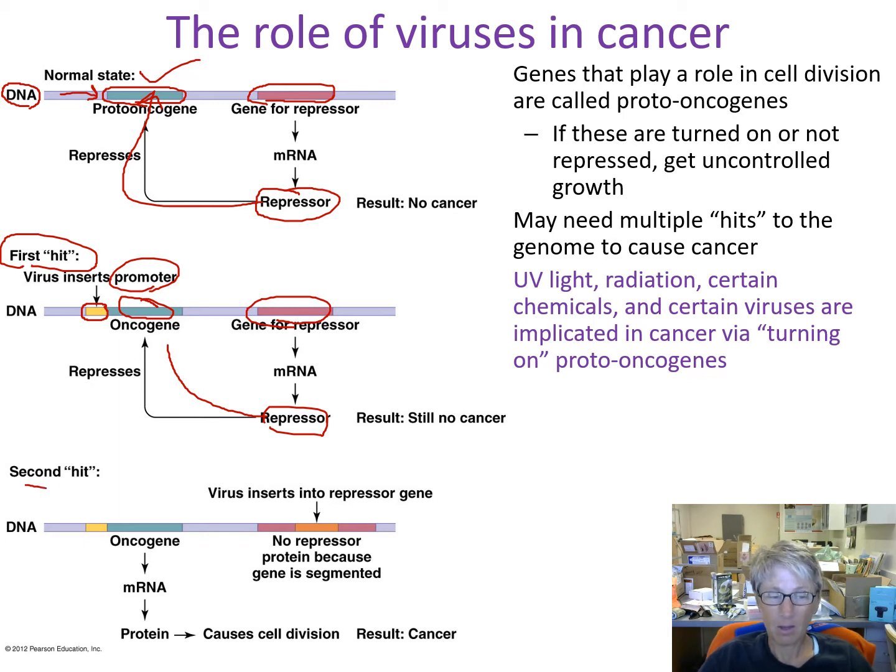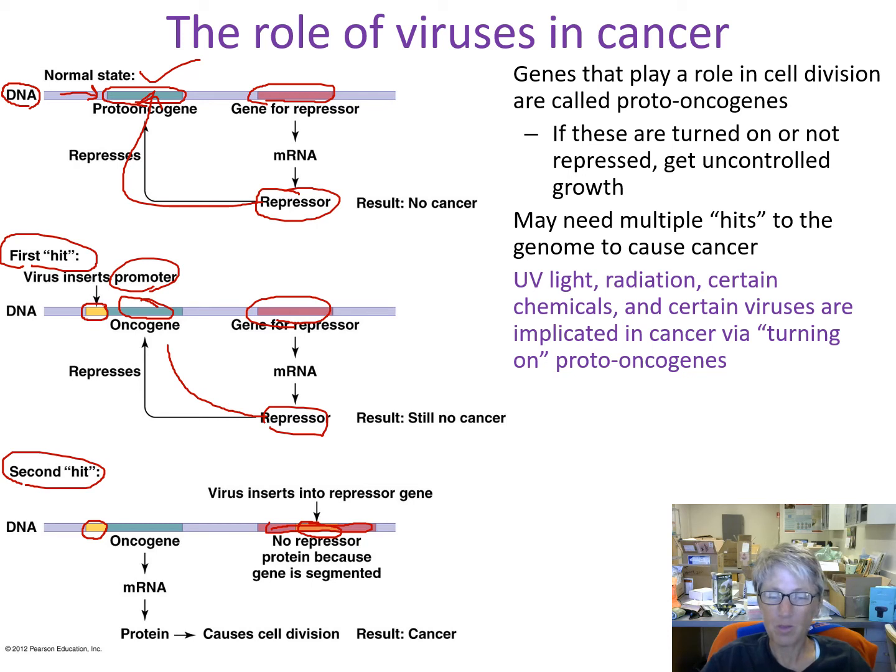Now the second hit, that's what gets you. So you're set up, you've got a promoter region here in yellow, ready to turn on the oncogene to make an oncoprotein that will cause cancer. And then another virus, or the same virus, inserts its piece of nucleic acid, DNA in this case, right into the middle of the repressor DNA, or the gene for the repressor. Now, you can make this repressor protein, but it doesn't work because it's not just this purple rectangle like it used to be.